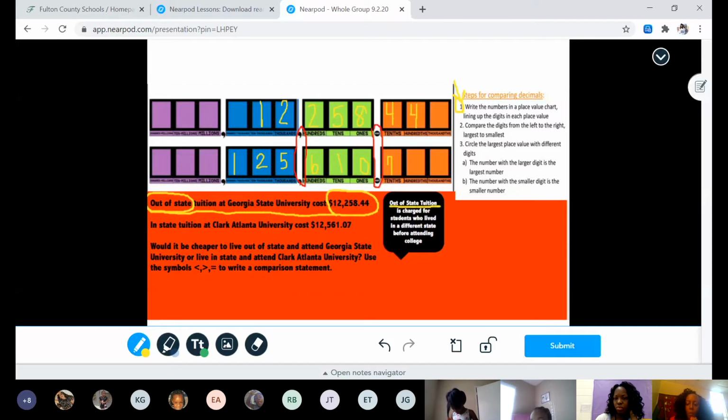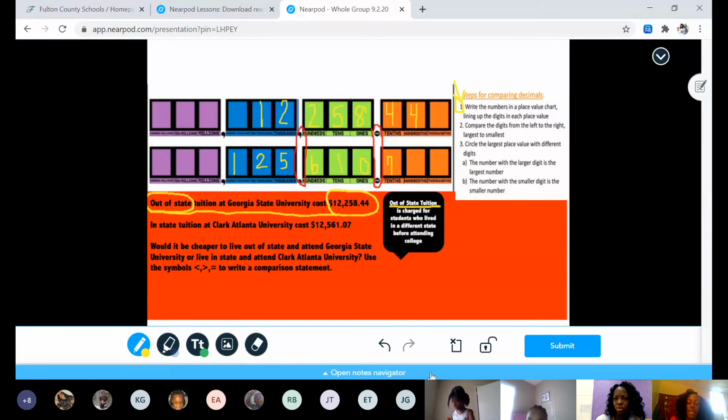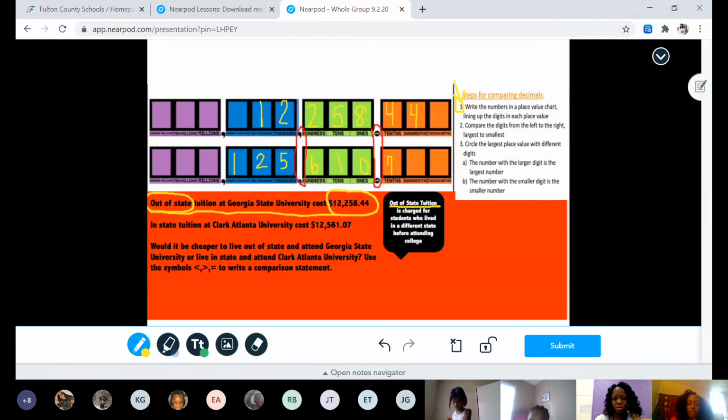Are we ready to move on to step 2? And remember, step 1 is write the numbers in the place value chart, lining the digits up in each place. You ready, Jarvis? Are we ready to go to step 2, Jarvis?